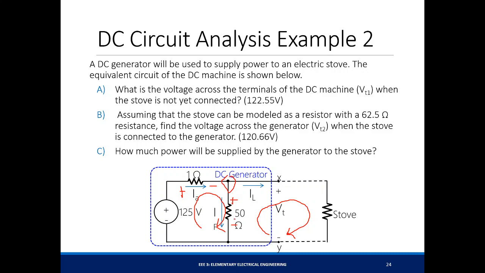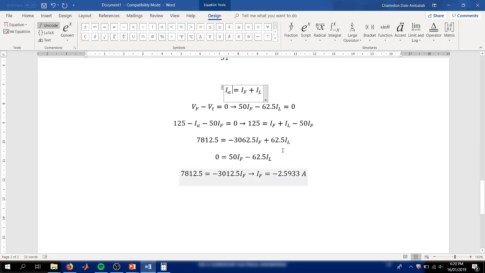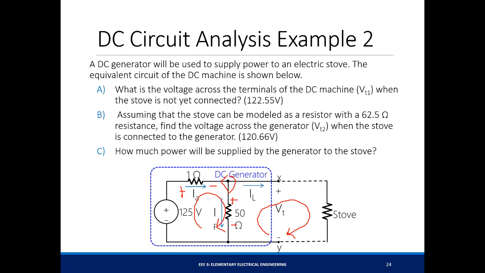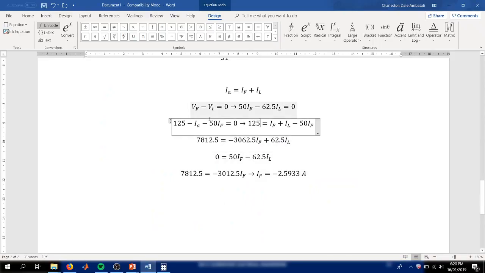So that's VF equal to VT, and VF is equal to 50 times IF. VT is equal to 62.5 times IL. And that is this equation right here. And finally, we have this equation right here. So that's 125 minus VA minus VF. And you have this equation right here.